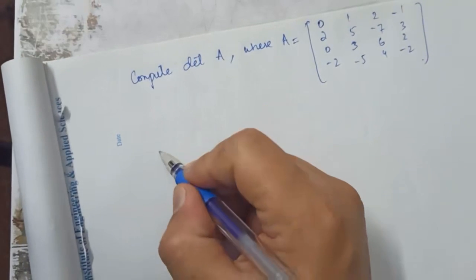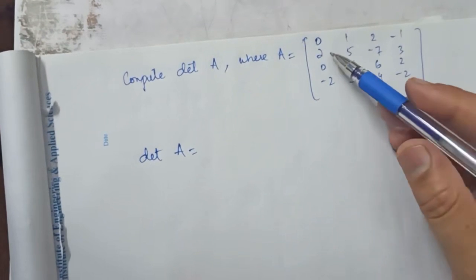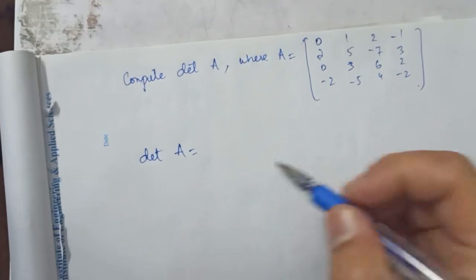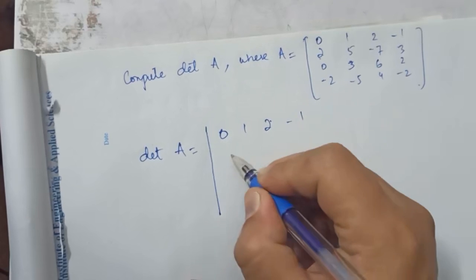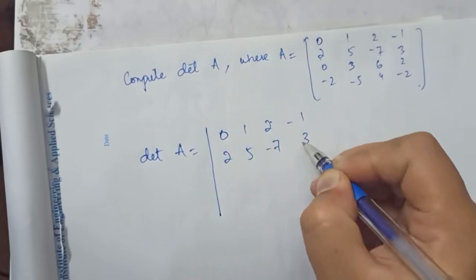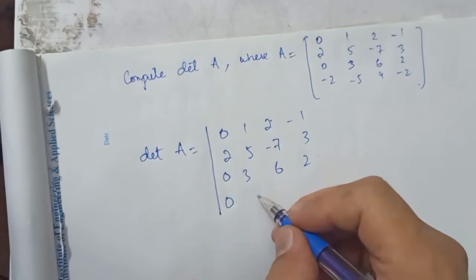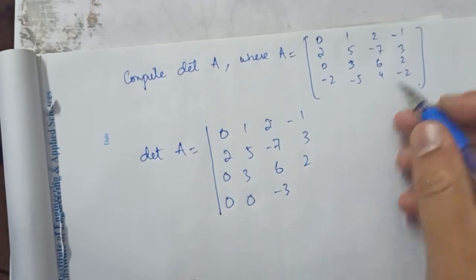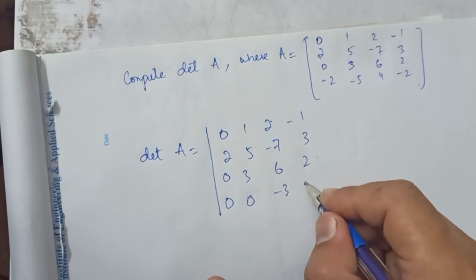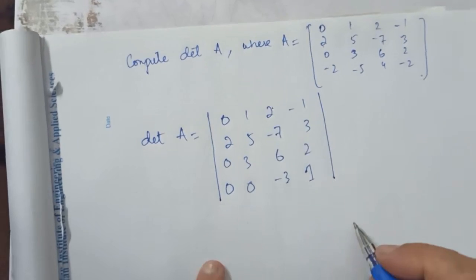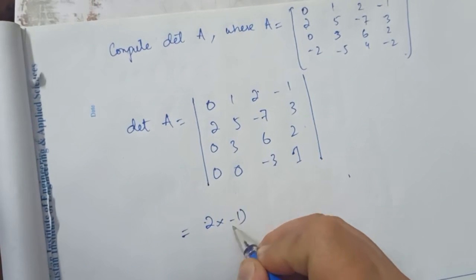So to determine this I can add the second row to the fourth row, which doesn't make a difference to the determinant. It means this becomes 0, 1, 2, minus 1 becomes 2, 5, minus 7, and 3, and 0, 3, 6, and 2, and if I add, that becomes 0, that becomes 0 again, that becomes minus 3, and that becomes plus 1.